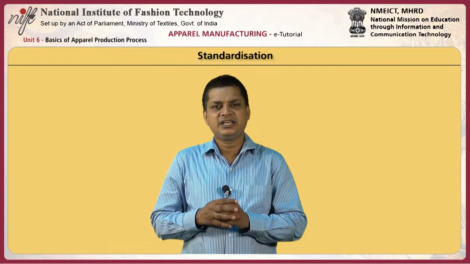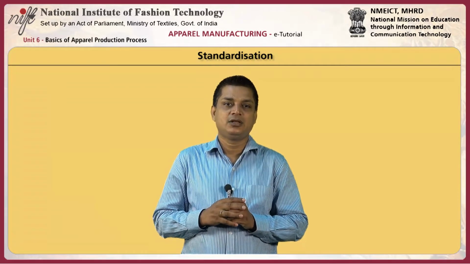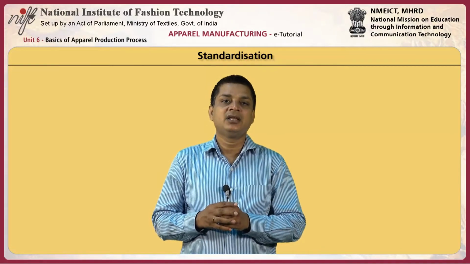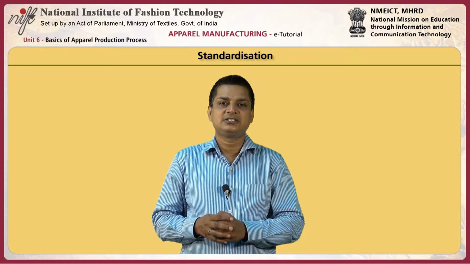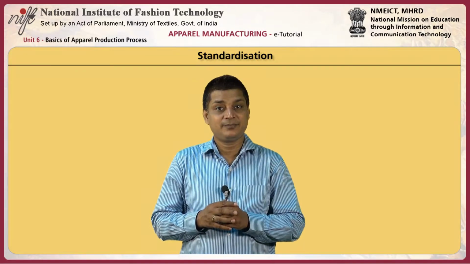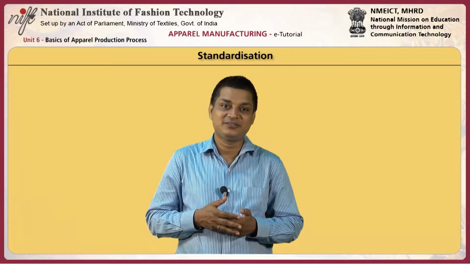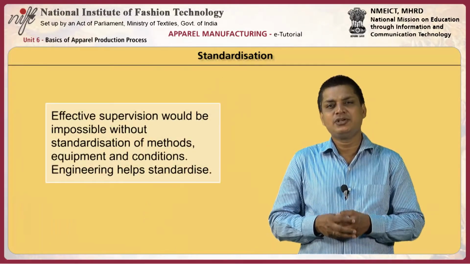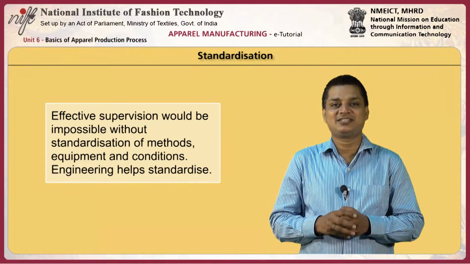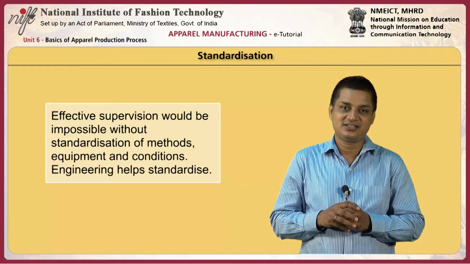Or suppose each operator on a job used a different type of machine. What if the payroll department changed its method of paying employees each week? Suppose quality specifications changed every day, so what passed yesterday is rejected today. Effective supervision would be impossible without standardization of methods, equipment, and conditions.